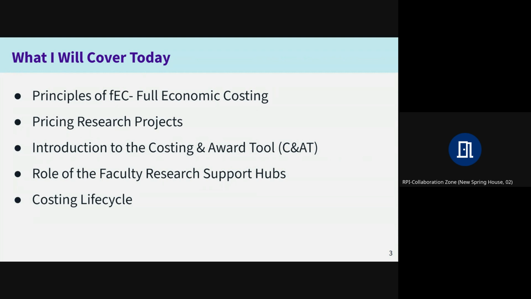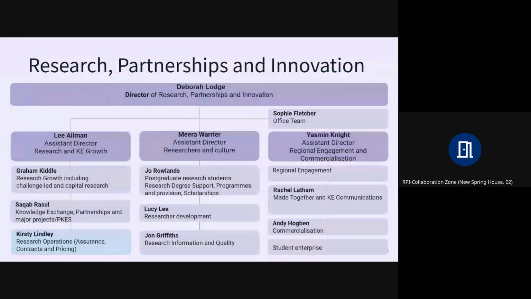I'm going to try and cover some principles regarding full economic costing and pricing of projects, a really quick introduction to the costing awards tool, which is quite a detailed tool, so I won't be able to go into too much detail, very briefly the faculty research hubs, and then the costing life cycle. During that bit, I'll explain the roles of everyone in that process.